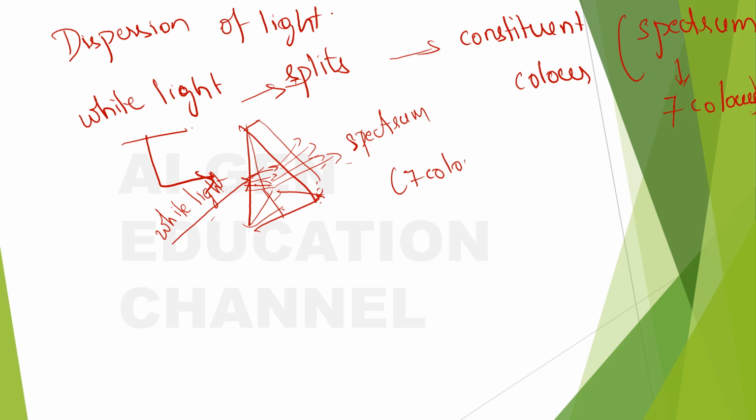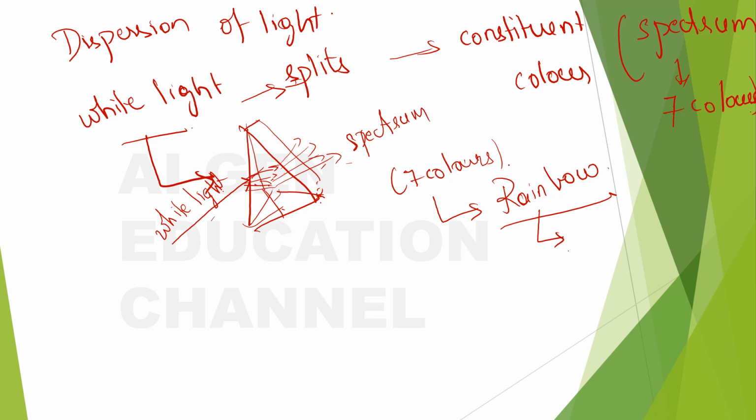Because of this very concept, you can even see the rainbow. We will see a bit in detail about the rainbow too, because we have mentioned that the rainbow also has the concept of total internal reflection. We will see how you are able to see different colors in the rainbow.